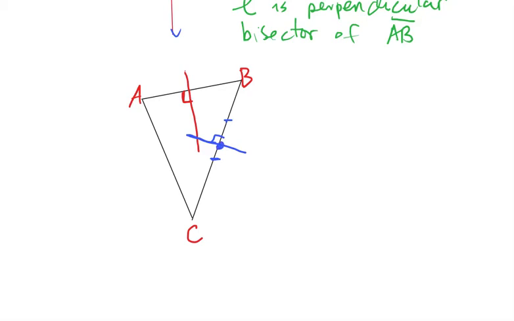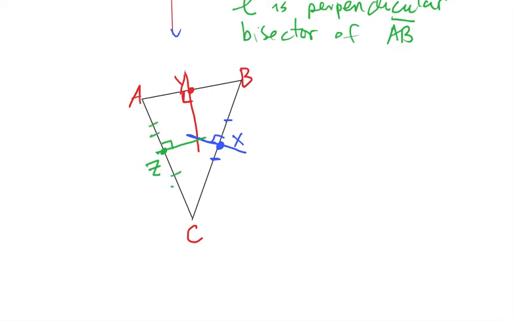Let's call this point here X, this point over here Y, and let me get another color, a green one, and let's call this point right here Z. Now let me make some congruent marks as well.